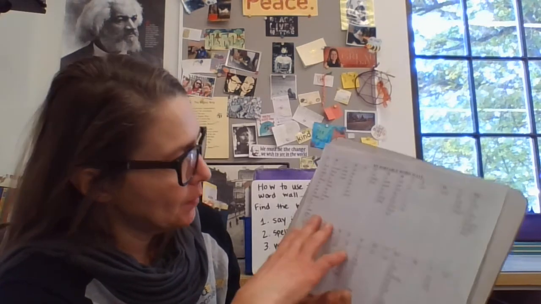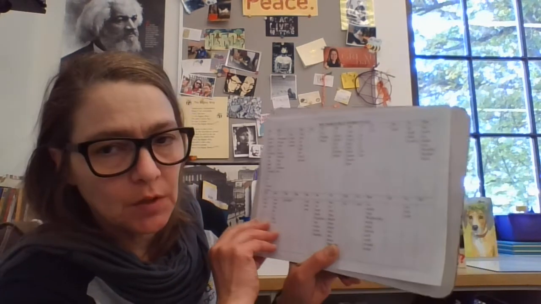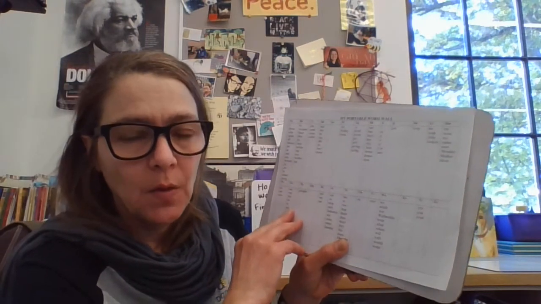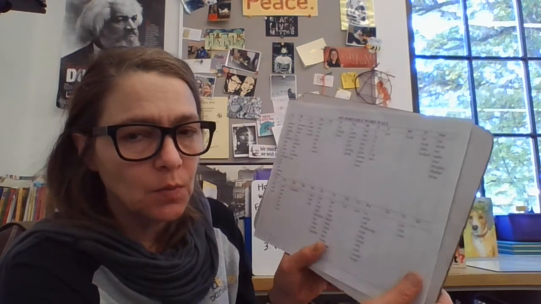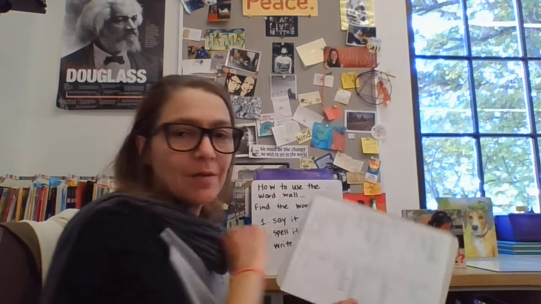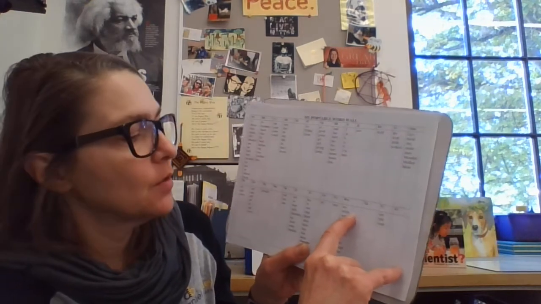Let's find a word that we're going to spell. We're going to do a single syllable word first. Let's find while. While is a word sometimes people misspell. What letter does while start with? W. So you go to W and then you try to read it. That's the first step: you find the word and then you say it. You read it. While. It's the second word in your W column.